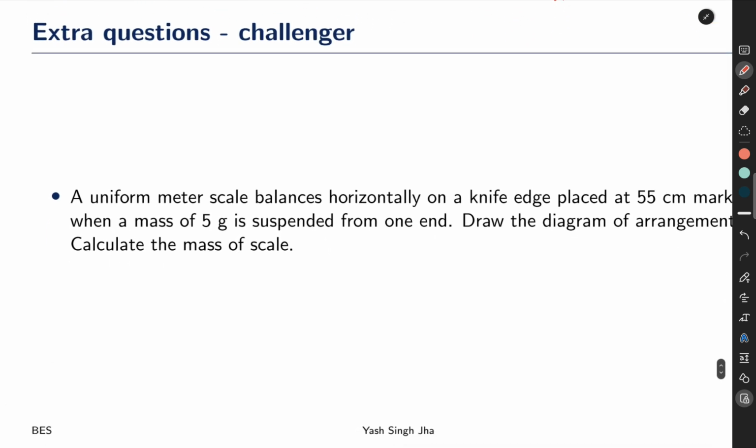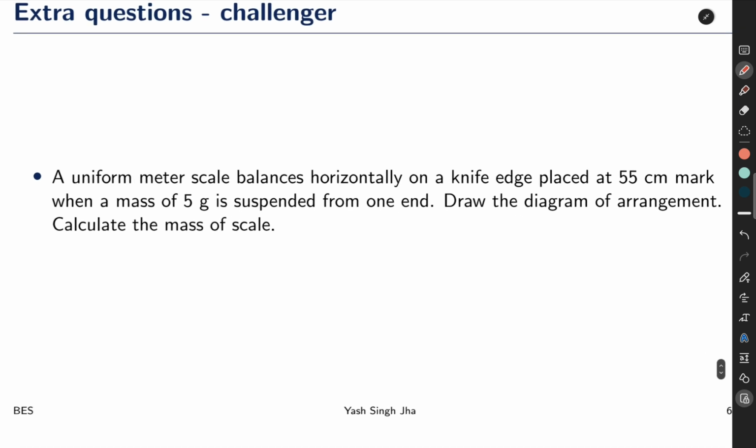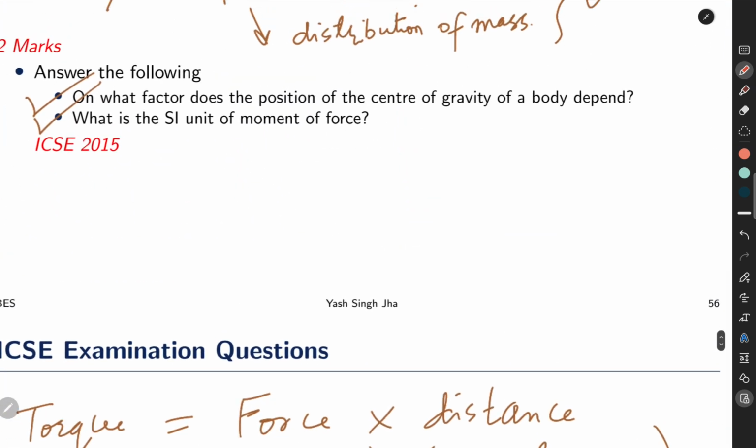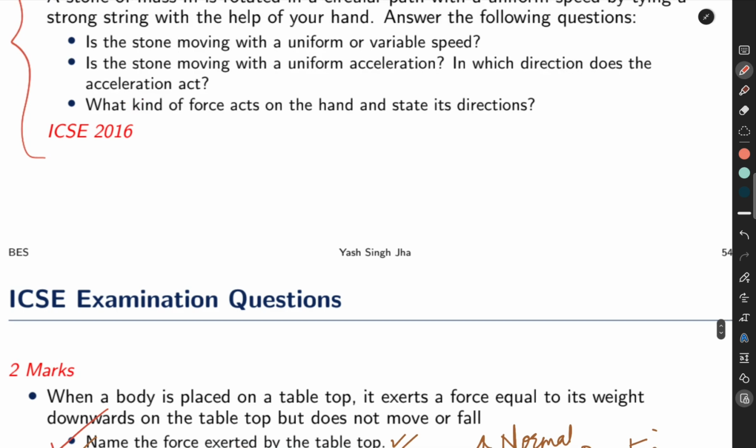Second question: a uniform meter scale balances horizontally on a knife edge placed at the 55 centimeter mark when a mass of 5 gram is suspended from one end. We have done the exact same question, just the values are different, 55 centimeter and 5 gram.